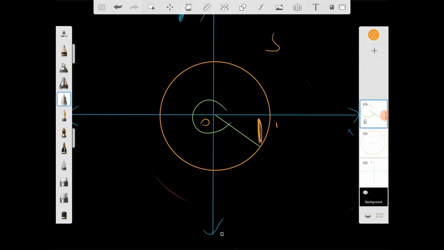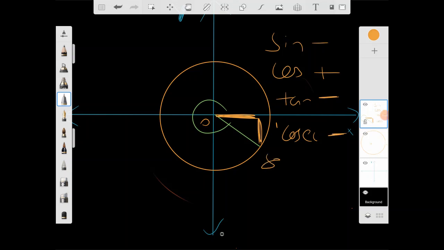So sine is negative. Cos is positive, comes in this direction. Okay, cos is positive. What about tan? Tan is sine by cos, negative by positive, negative. Cosec is 1 by sine, that is 1 by negative, that is negative. Sec is 1 by cos and 1 by positive, therefore it is positive.